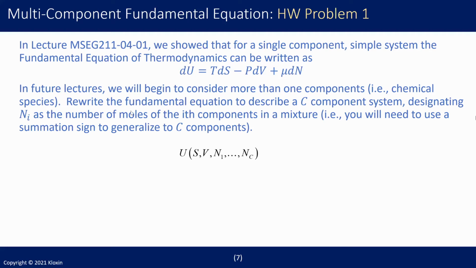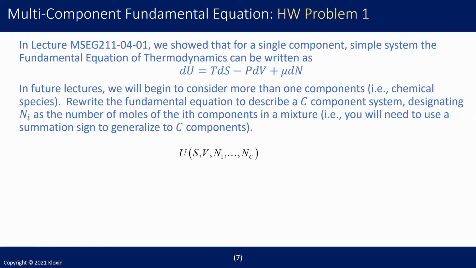This whole problem is recognizing that U is a function of not just S, V, and just N, but also of multiple components. So you could think of a two-component system, a real-life example, ethanol and water, one of my favorite mixtures. In that case, it would be N1, N2, for ethanol and water. So the question is, can you do this same analysis that we did here, except for multiple components, sort of a generalized form?